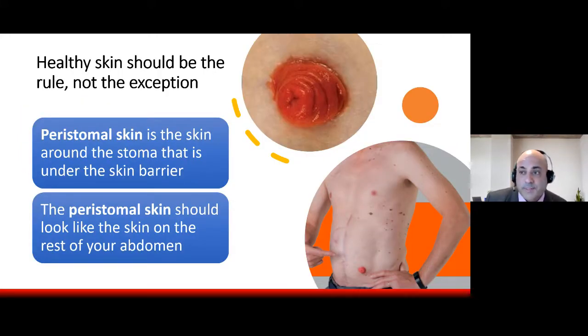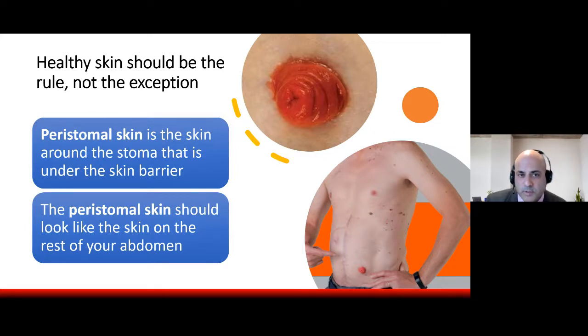When we're talking about the skin under the ostomy barrier, remember this: healthy skin should be the rule and not the exception. The peristomal skin is the skin under the barrier that is covered by the ostomy barrier when it's in place. And the peristomal skin should always look like the skin on the rest of your abdomen.